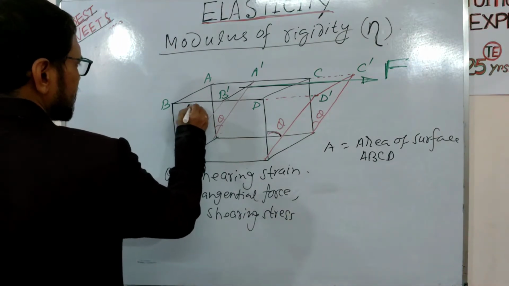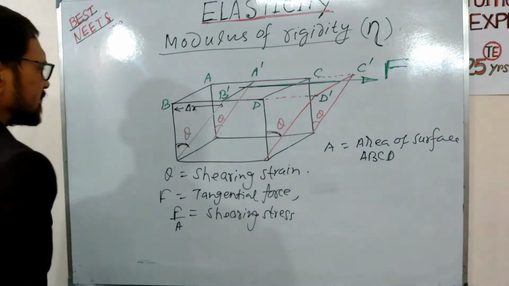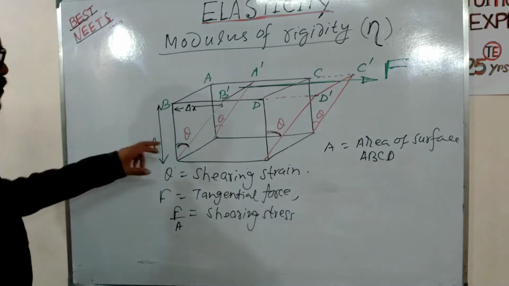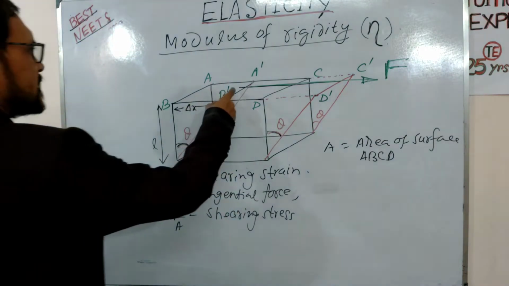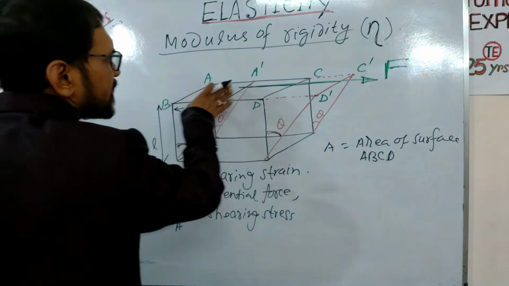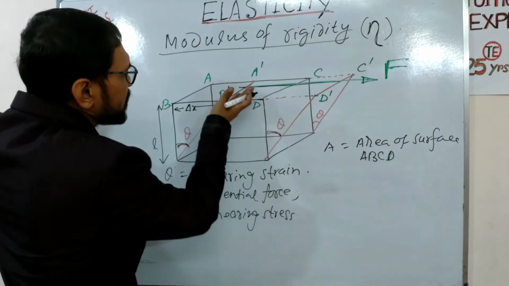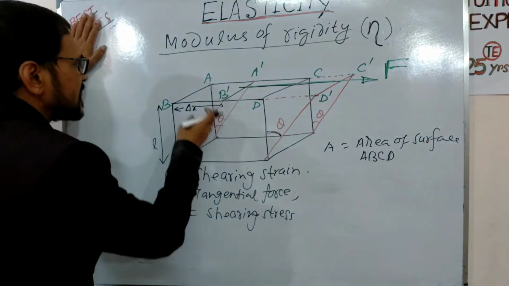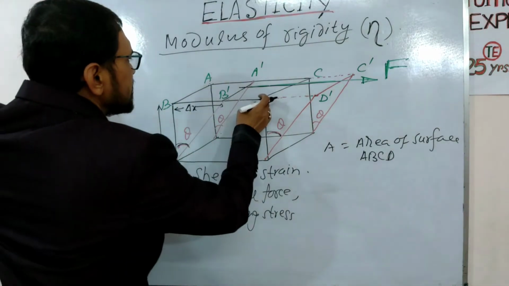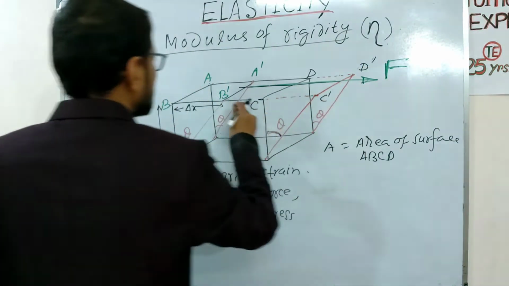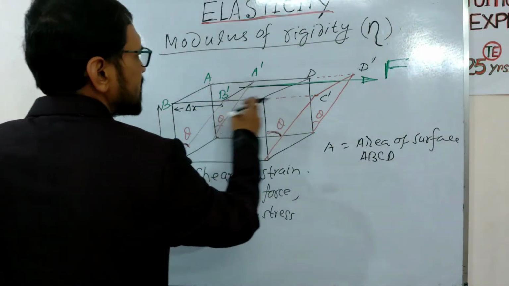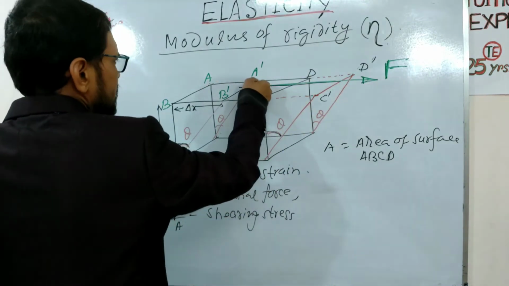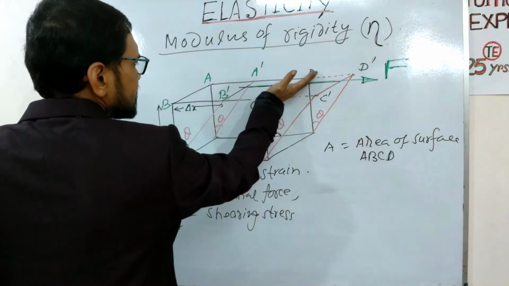Suppose this is del x, and the distance between the two surfaces is L. Initially the surface is ABCD, and finally when the tangential force is applied, the line AB shifts to A dash B dash, and the line CD shifts to C dash D dash.